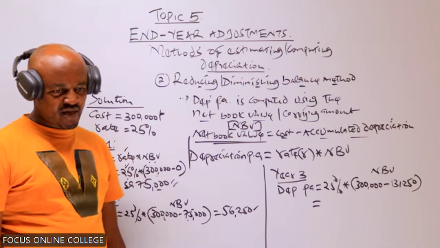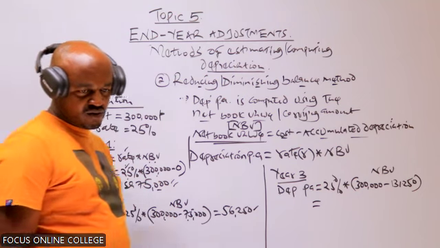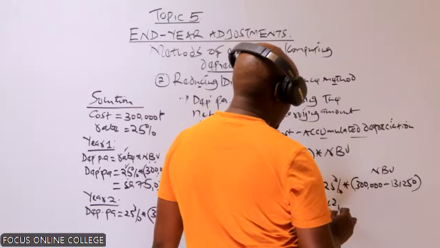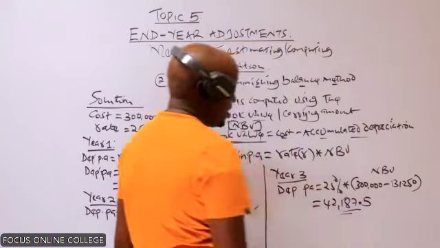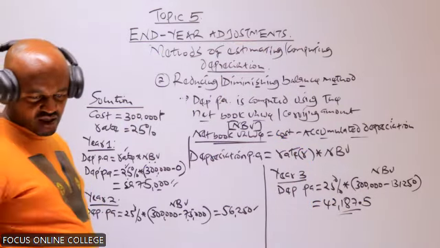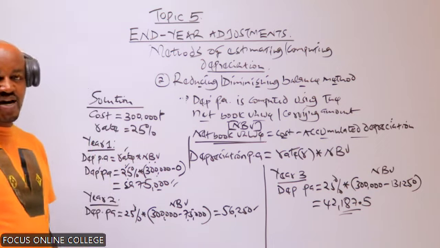What are you getting here? 42,187. 42,187 point what? 0.5. Sasa? Yes. So that's how we compute the depreciation under the reducing or the diminishing balance method.